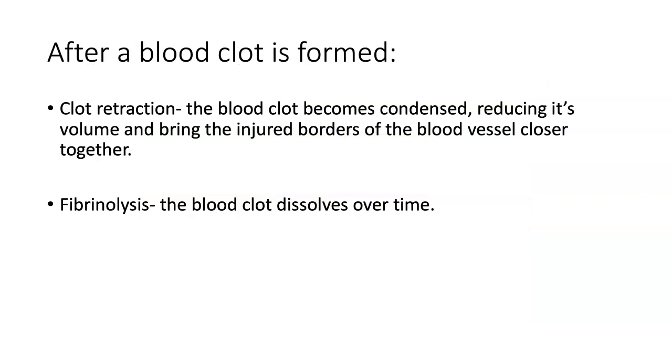Once a blood clot is formed, there'll be what's called clot retraction. That's when the platelets constrict. It reduces the volume of the clot and it brings the borders of the injured tissue closer together. And eventually fibrinolysis is when the blood clot dissolves over time.